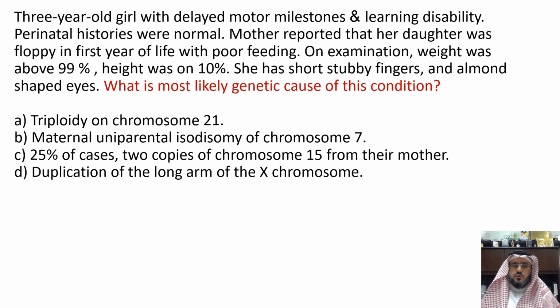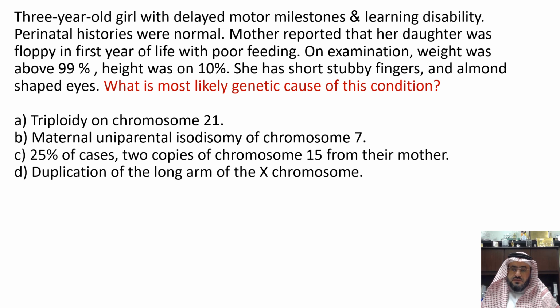A 3-year-old girl with delayed motor milestones and learning disabilities. Her perinatal history was normal. The mother reported that her daughter was floppy in the first year of life with poor feeding.